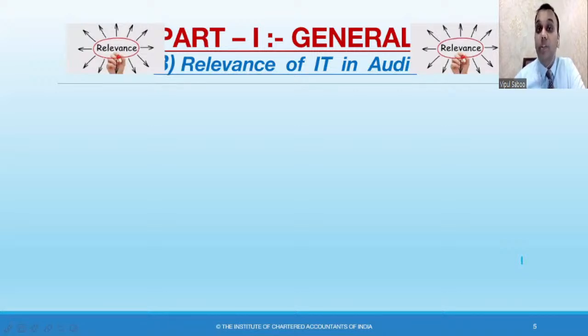And if his business working environment is IT dominated, it is automated, we cannot carry out an effective audit unless and until we understand the relevance, the importance, the need, the significance of information technology in auditing. So just be with me.